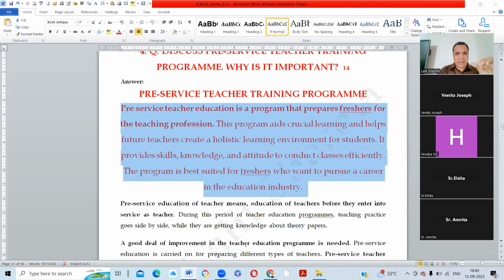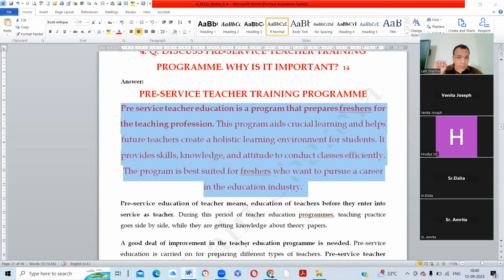Freshers are prospective teachers for the teaching profession. This program aids crucial learning and helps future teachers to create a holistic learning environment for the students. It provides skills, knowledge, and attitude to conduct classes efficiently. The program is best suited for the freshers.